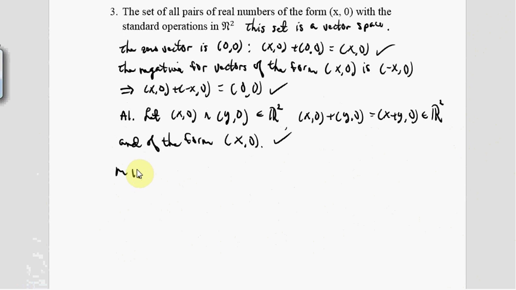Here, M1, the scalar multiplication closure property. So here, just let u equal to this x comma 0. It's in the 2 space. And k is any real number.